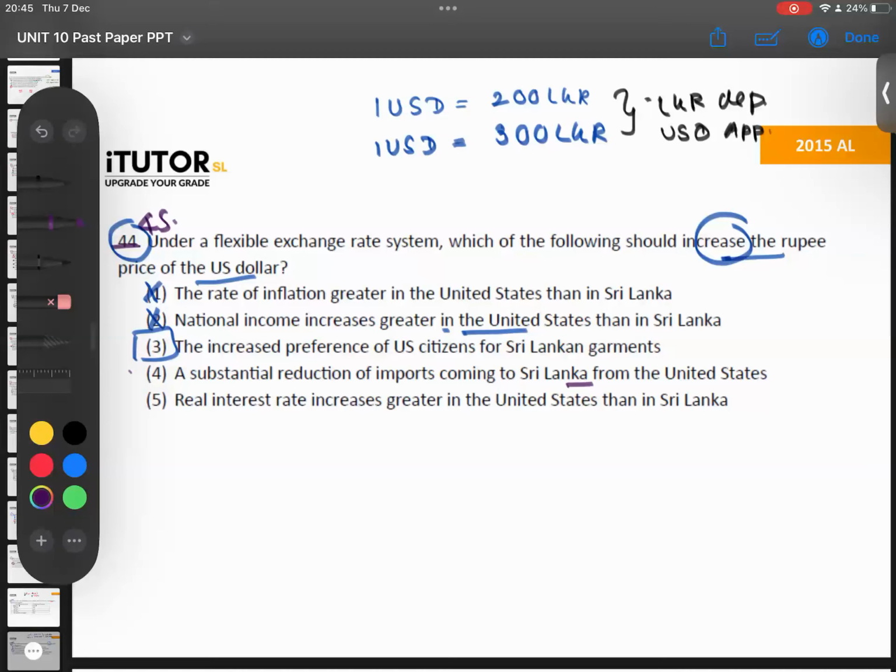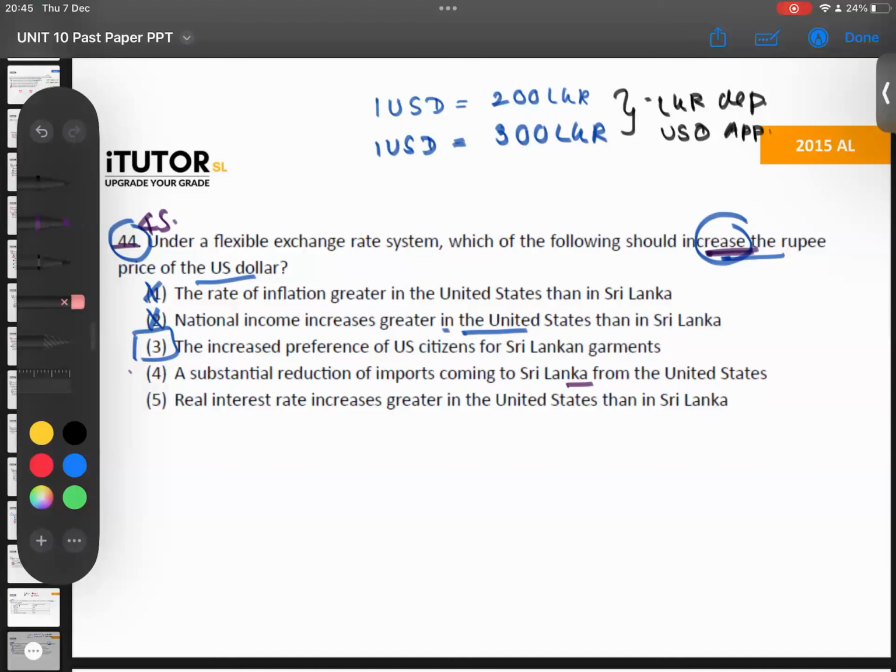Now, can you see if I typed the question correctly? Can someone check the past paper book? Have I typed the question correctly? I think they have made a mistake then, no?